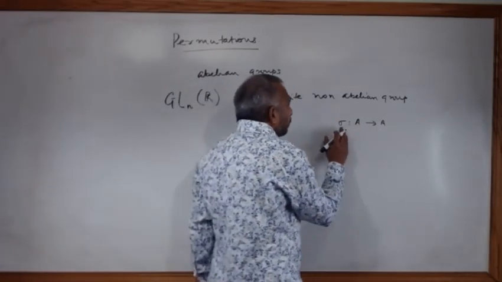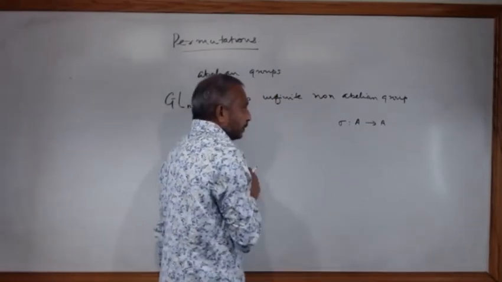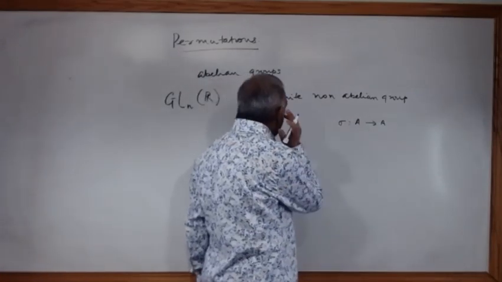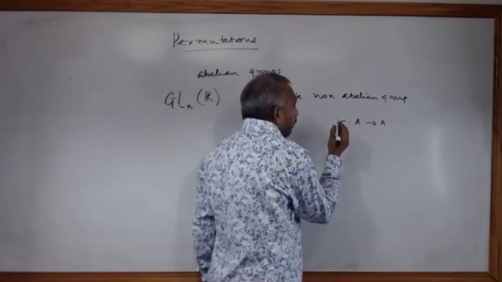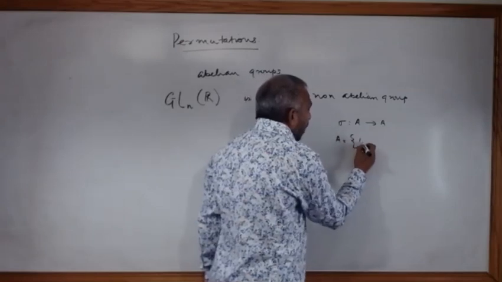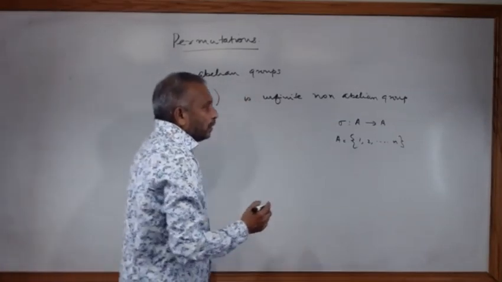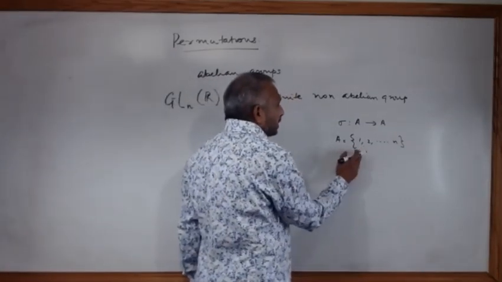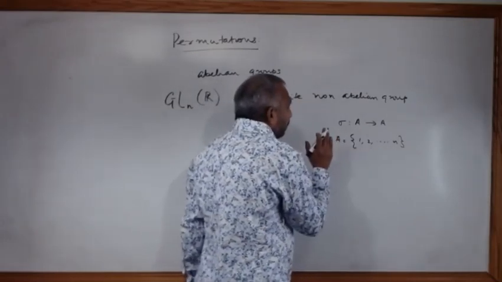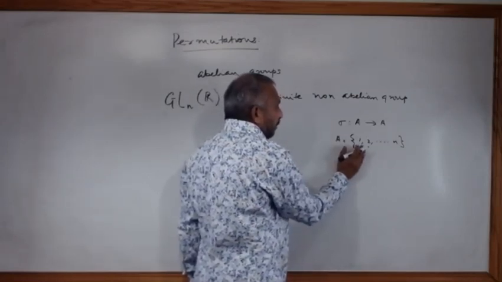Finite sets means it has got some n number of elements. But I am not interested in what those elements are. So for every finite set, I am going to write it as 1, 2, 3, ..., n. It could be anything else, but for our discussion, this is sufficient. So a permutation is a bijective map from a finite set to itself.